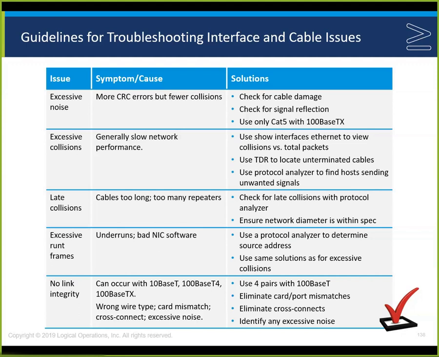Show interfaces, Ethernet collisions. In order to do that, use a TDR. Late collisions, cables are too long, too many repeaters. Could be in there. Excessive runt frames, underruns could be bad NIC software, and then the no link integrity if we have the wrong wire type configured.